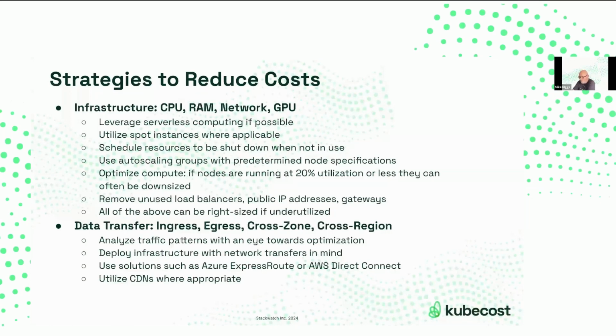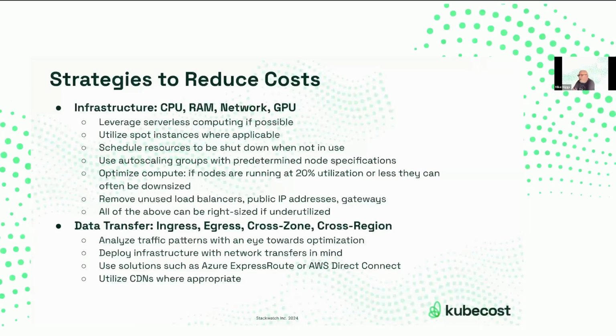So if your workloads permit it, things like serverless computing is less expensive than spinning up a bunch of VM instances. If I'm going to go out and get an on-demand instance, it's going to cost me quite a bit more than a spot instance. So we typically recommend using spot instances where applicable for those workloads that will tolerate it.